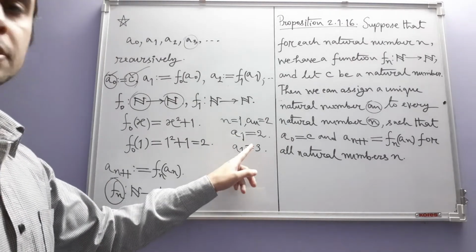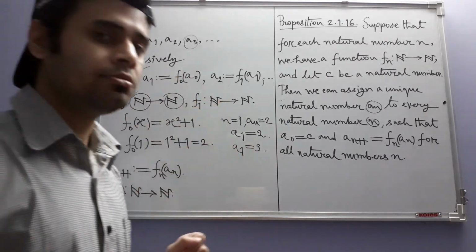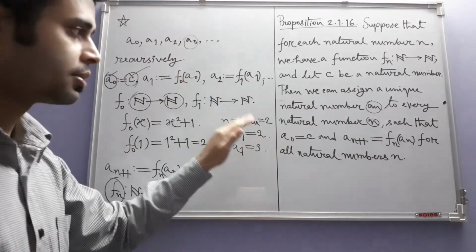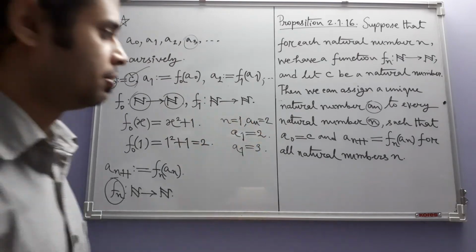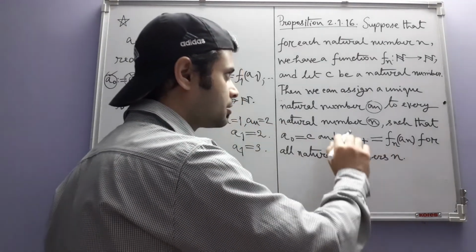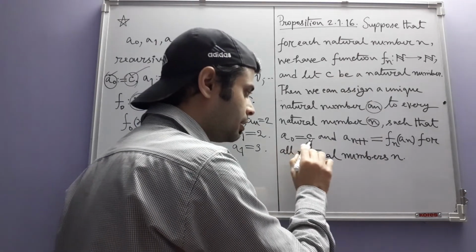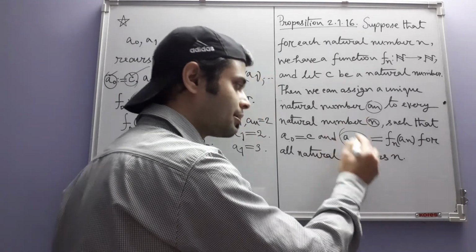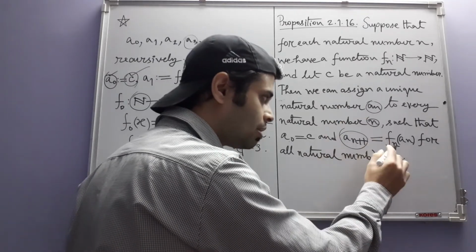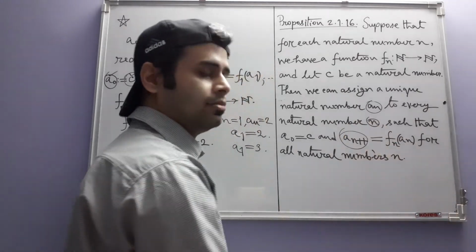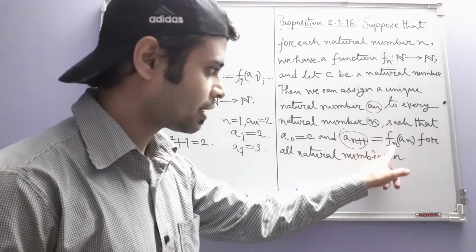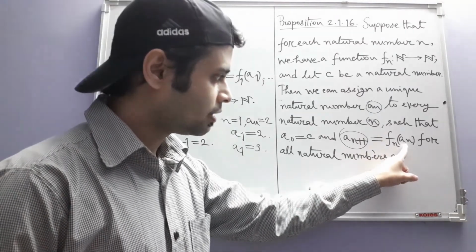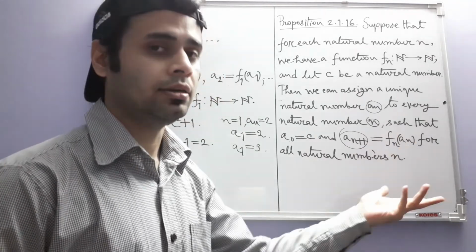So the uniqueness is not there otherwise. So here we need uniqueness. To each n we can assign a unique an such that there is a condition, and in these conditions the functions come. a0 equals c and the value assigned to the successor of n is equal to fn(an). That is, fn, the nth function, evaluated at the value assigned to n.